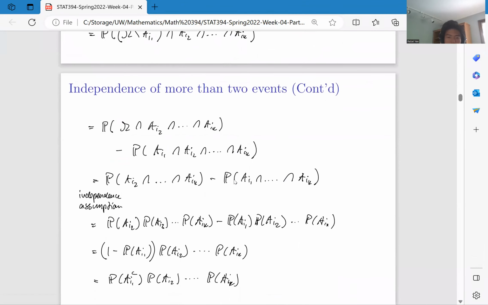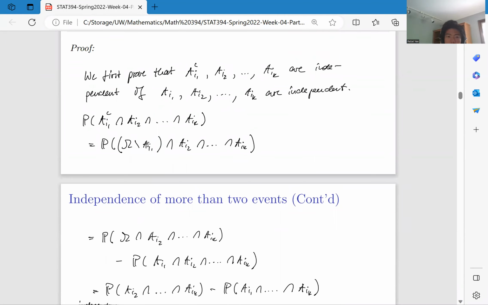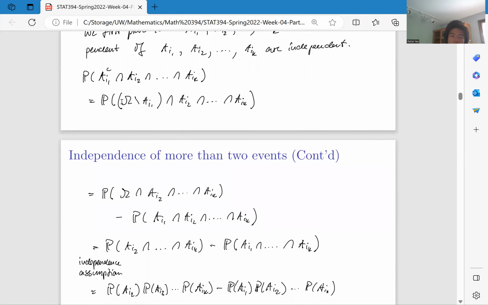However, because this is a trivial case, we can also change A2 to be complement or A3 to be complement, changing it one by one, or we can show A1 to be the complement and A2 to be the complement. They are all the same. For example, if B1, B3, B6 are equal to A1 complement, A3 complement, and A6 complement, and all other Bi is equal to Ai, then we have more terms like this.